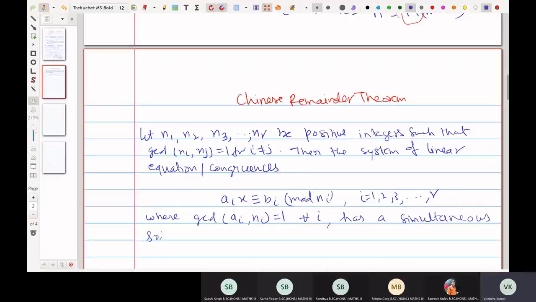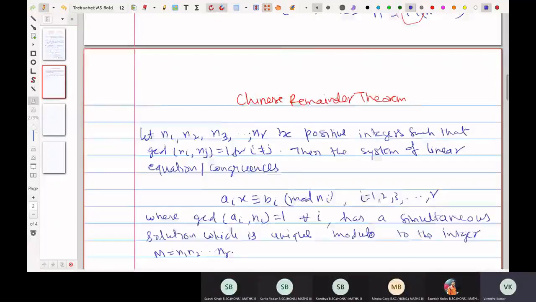A simultaneous solution, which is unique modulo the integer m equals n1 n2 up to nr.